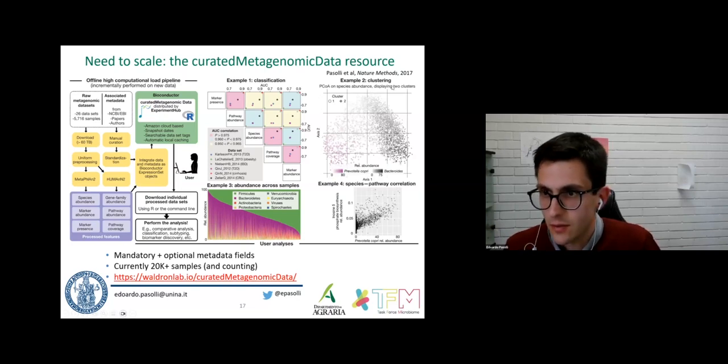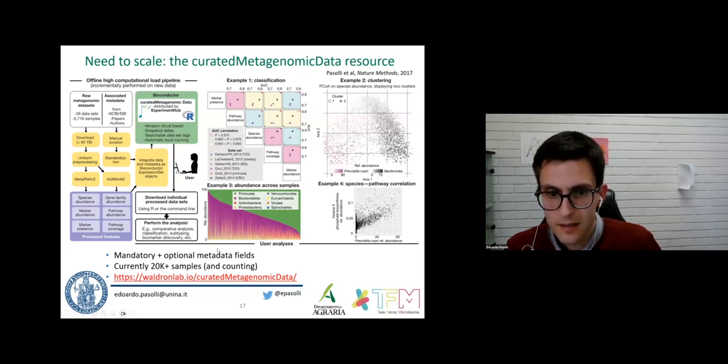The original publication was published a few years ago, but it is a resource that is continuously updated. From our side, there is the downloading and processing of public datasets in a uniform way. It is also quite a time-consuming effort to have the metadata standardized.